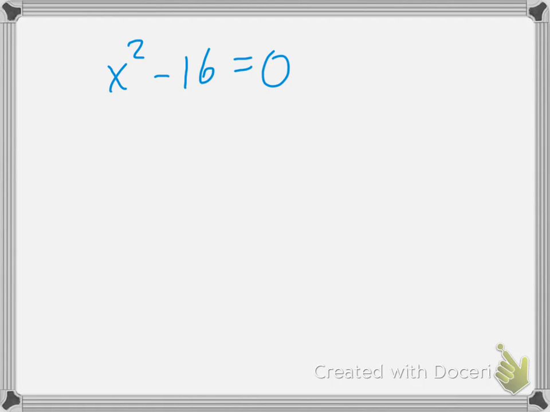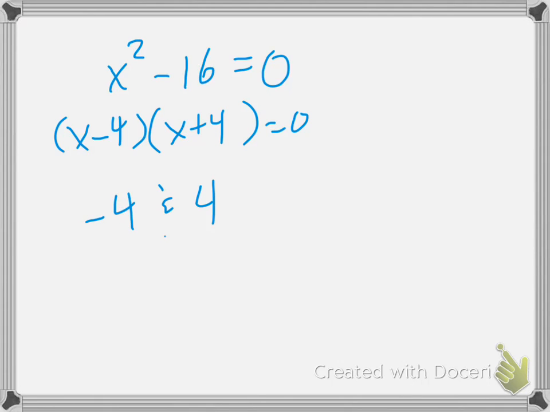equals 0. So you can factor it into x minus 4 and x plus 4 and solve each of those, and you get the answer of negative 4 and positive 4, and you know it can't be negative 4 because it's a distance, so then you know it's 4. Or you can use the square root property.